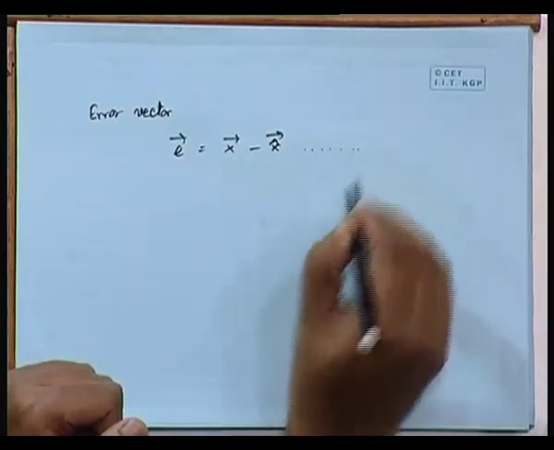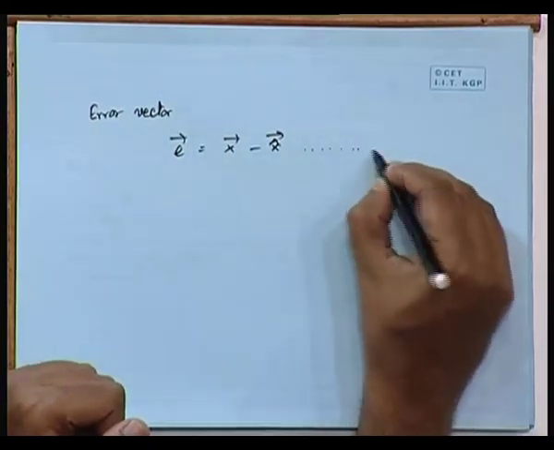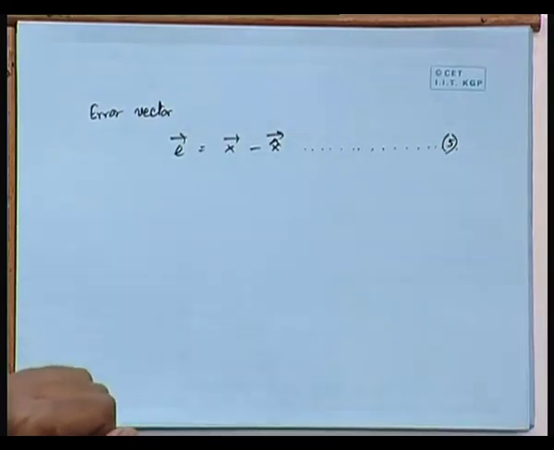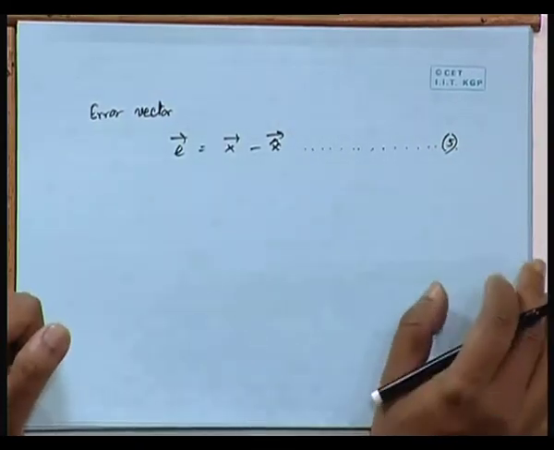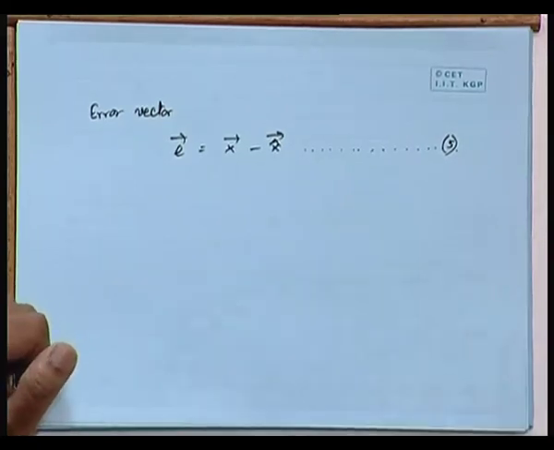And let us call this equation number 5, since we have gone up to equation number 4. Now, if we substitute equations 2 and 3 into this equation 5, you see why we were looking for equations 2 and 3.